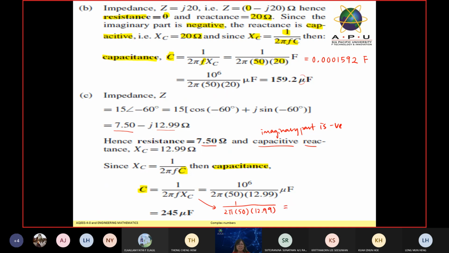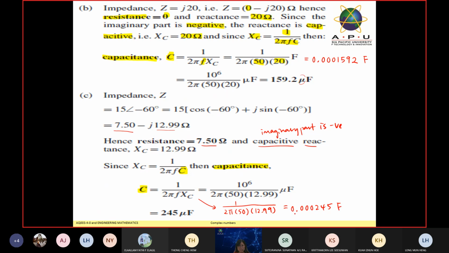Then when you calculate this, you get a very small number. So you get 0.000245 farad.